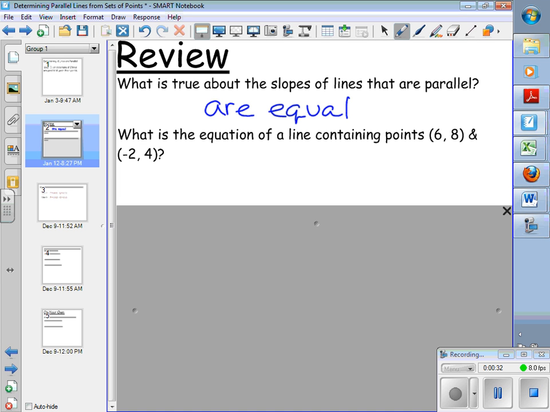So, what is the equation of a line containing points (6, 8) and (-2, 4)? I'm going to pause it and let you work it out.